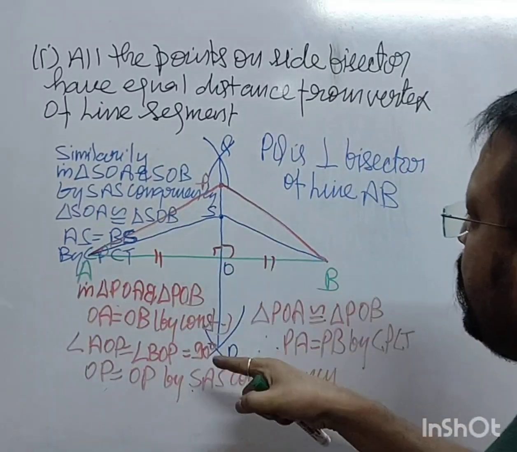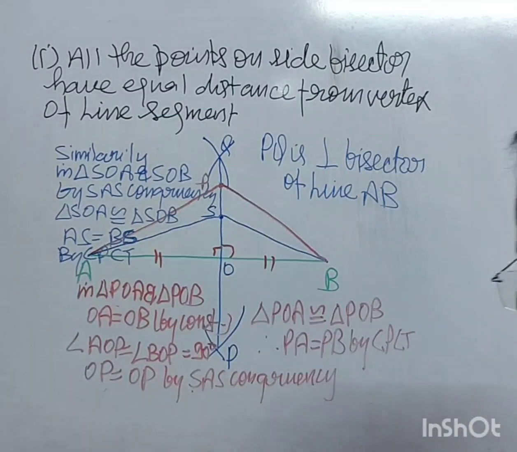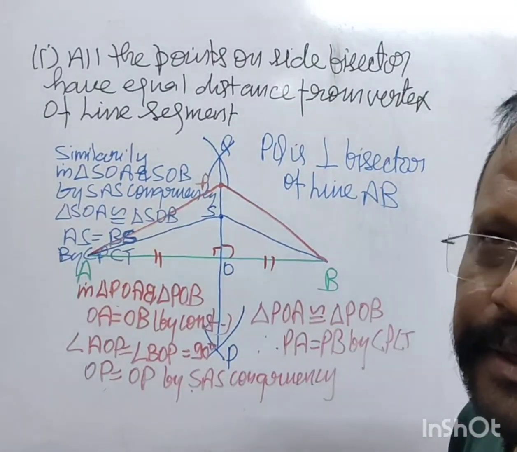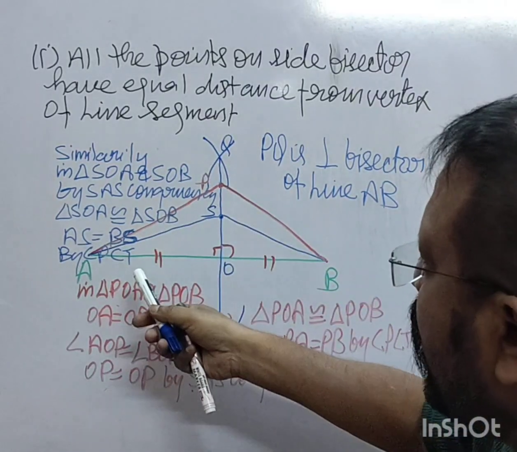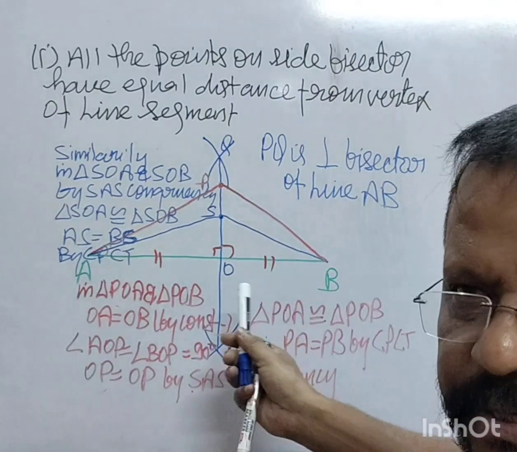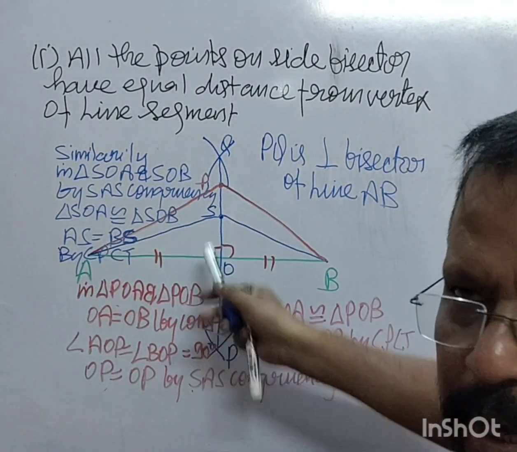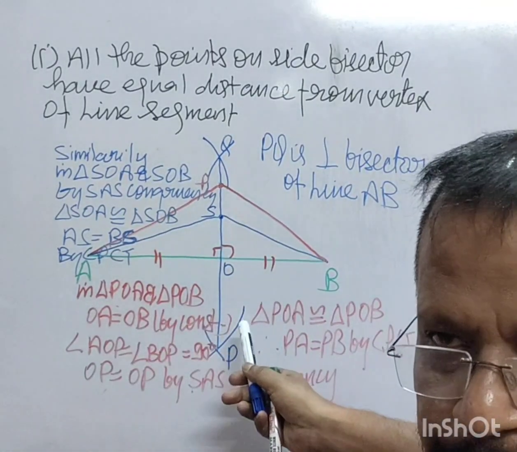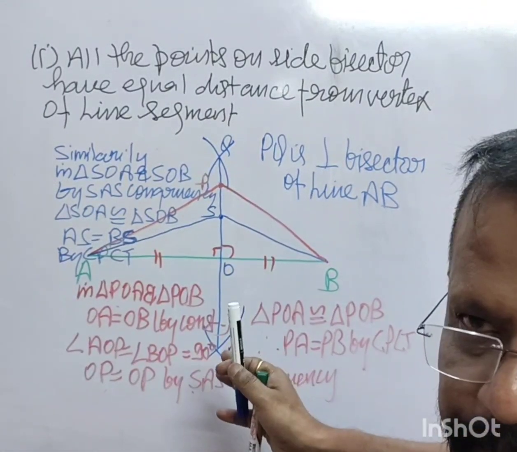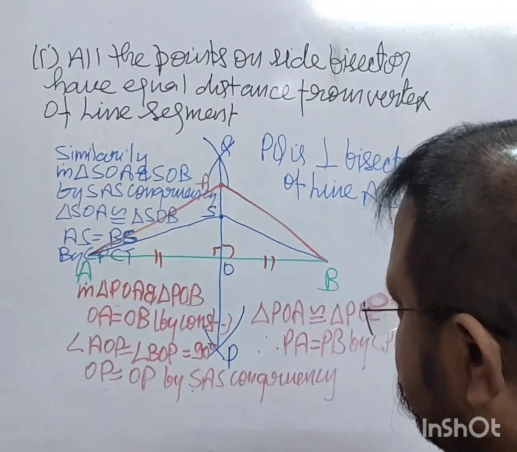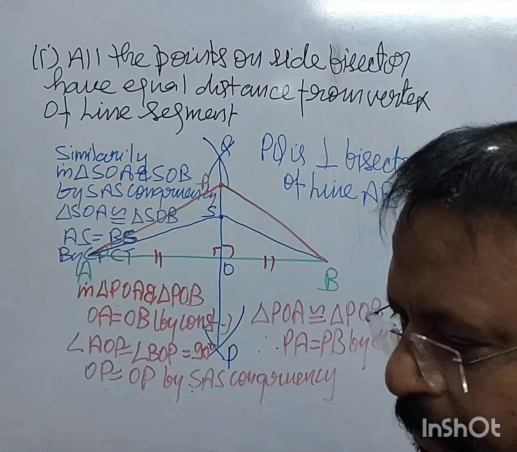So the point is that any point on the bisector of line AB has equal distance from its vertices. So this is the locus of the line segment AB. You get that?